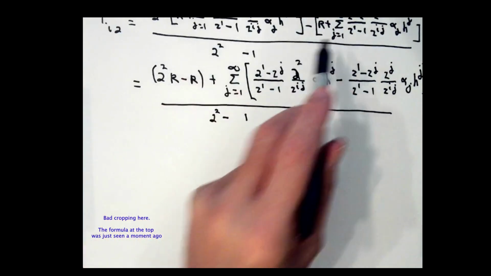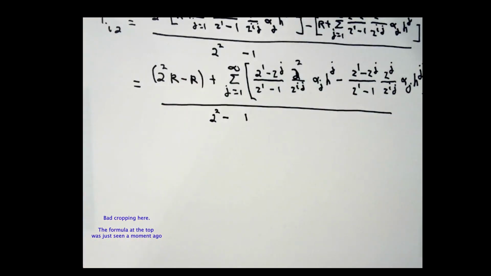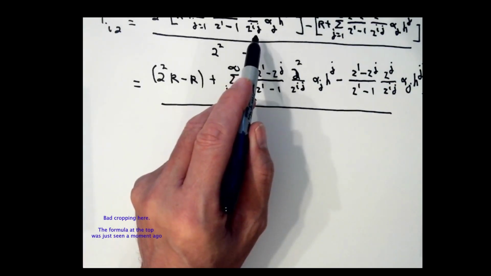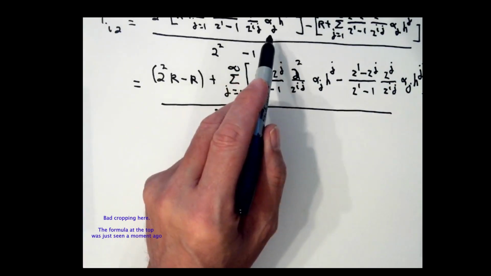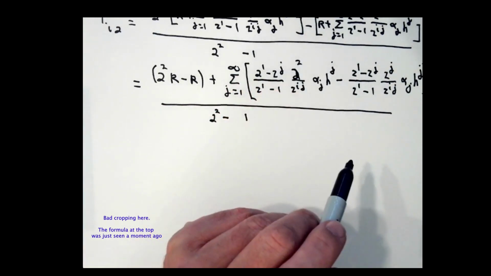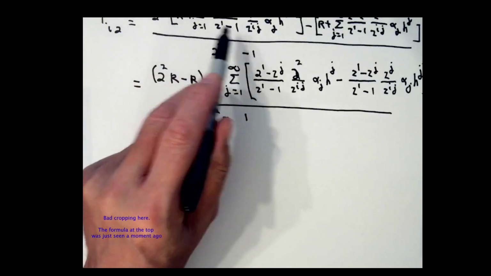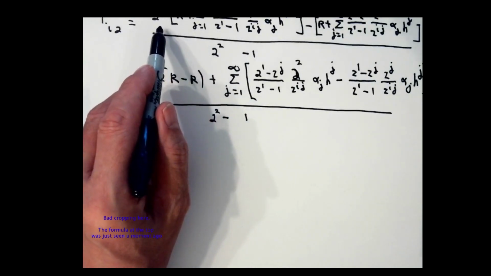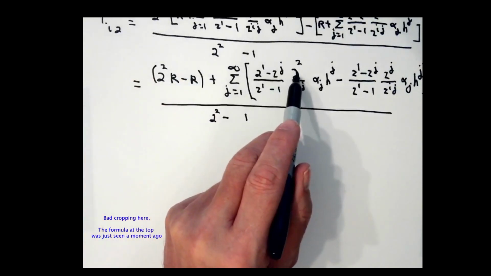Then I have two infinite series, each one of which is going to have a 1 over 2 to the ij, alpha_j, h to the j in it, among other things. In this first series, I'll have an additional factor of 2 squared, so I'll write that there.